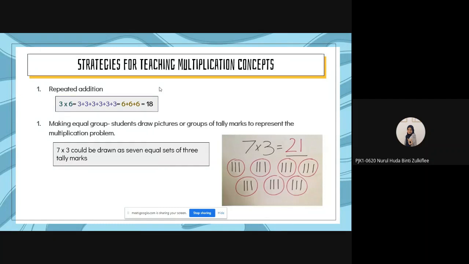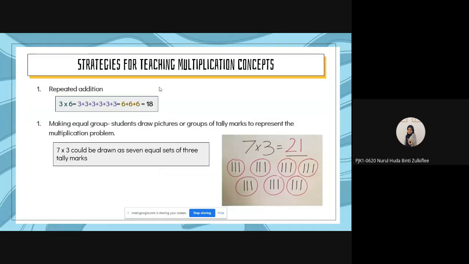As we can see in the example, 3 multiplied by 6 is equal to 3 plus 3 plus 3 plus 3 plus 3 plus 3. So, 3 added 6 times, or 6 added 3 times, is equal to 18.